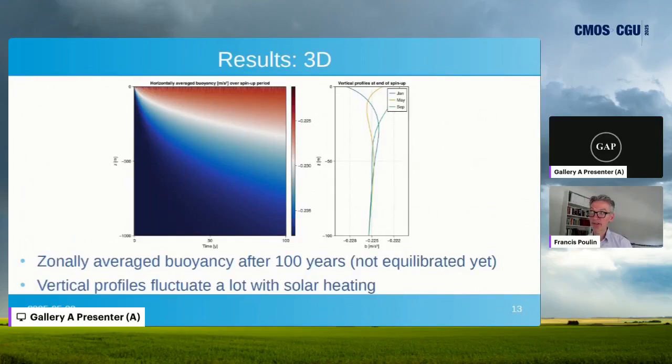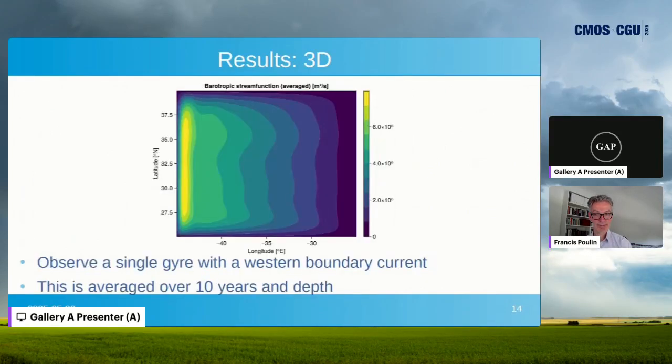And on the right, we see how the vertical profiles of the buoyancy can actually change throughout different spans of the year because of the different temperature forcings above. Next. And so this is showing the barotropic stream function, by that I mean the average stream function over the entire depth of the fluid, and how that behaves.